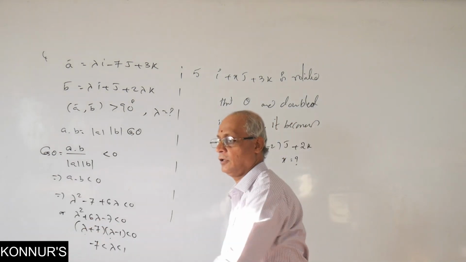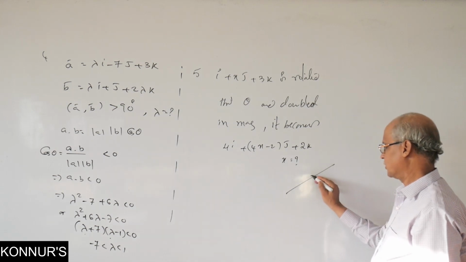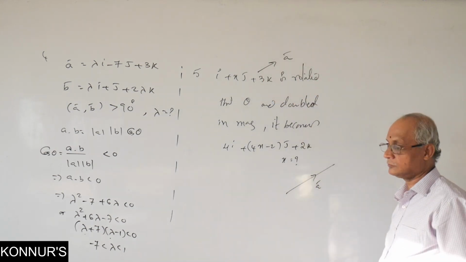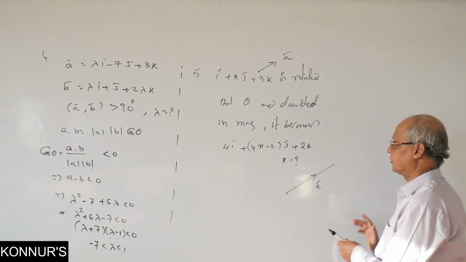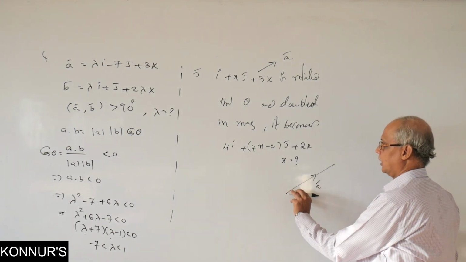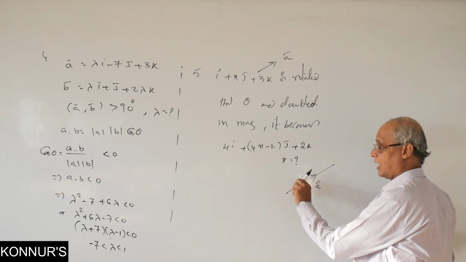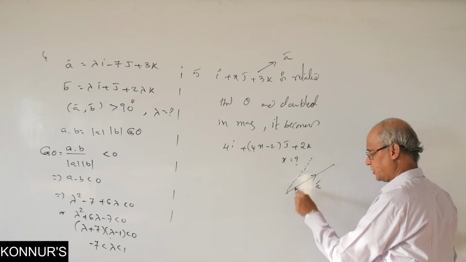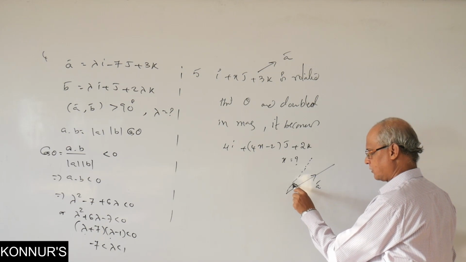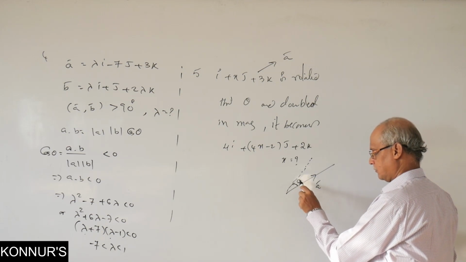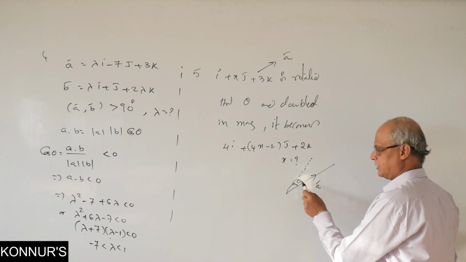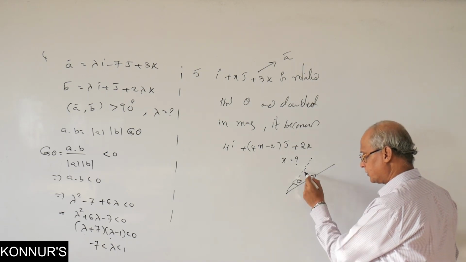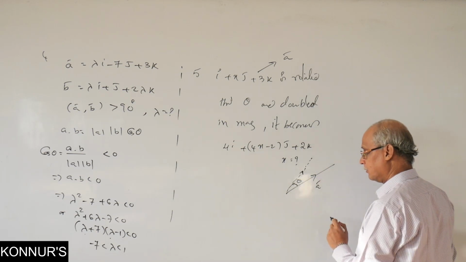Simple geometry is here. Suppose this is the original position of A bar. Once it is rotated through theta, you cannot go like this; angular measurement is anticlockwise. Then it becomes like this. This is the new position. What is the angle here? We are going theta. In this new position, what is the vector here?